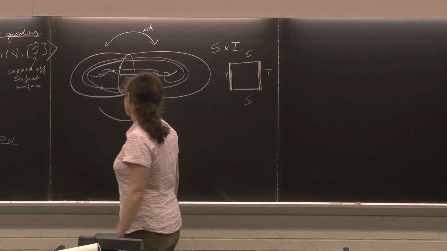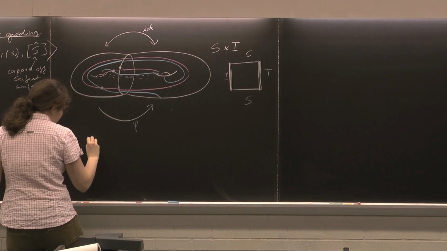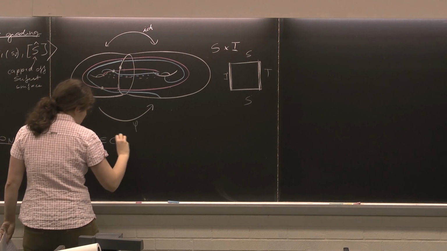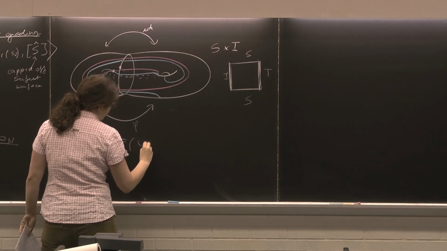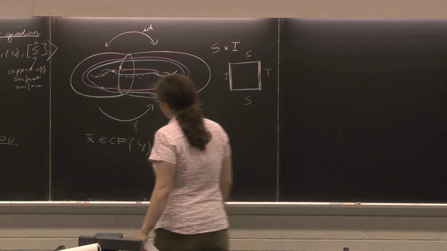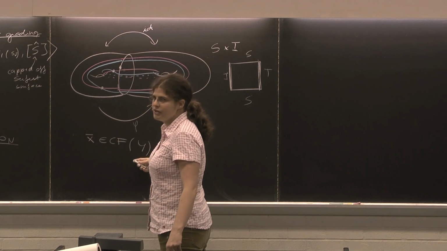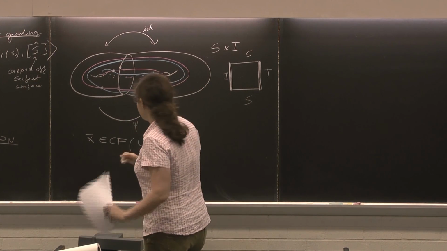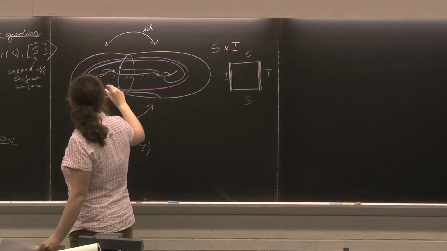Let me call this a special element in my chain complex associated with the string manifold, which a priori depends on my picture, but let's think about it.